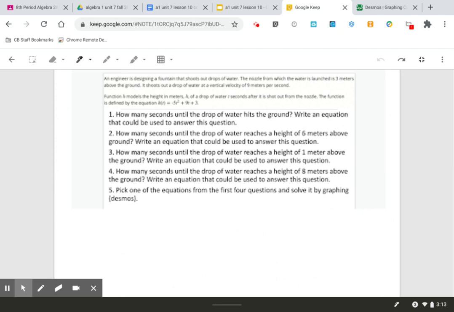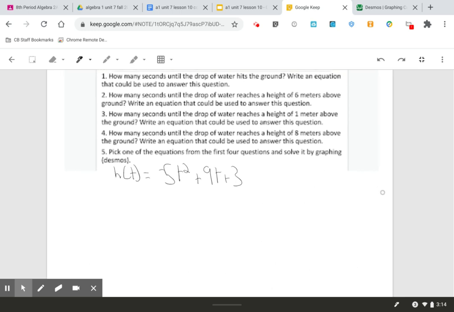The function is defined by h of t, I'm going to write it down here so it's a little bigger, equals negative 5t squared plus 9t plus 3.